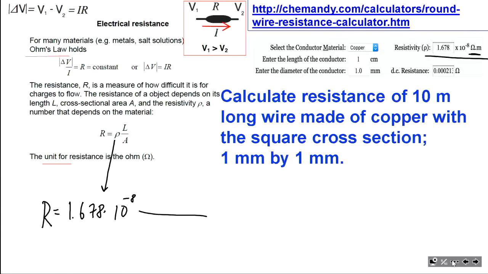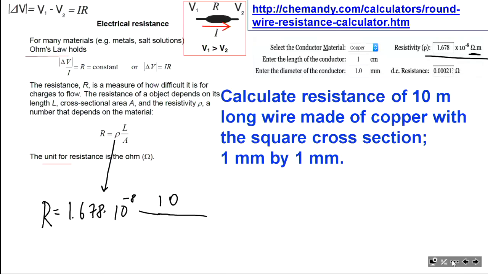Now, the length, 10 meters. And the second relatively tricky part is calculating the area. But in this situation, for the sake of clarity, the wire is not round. For a circular wire, area equals pi r squared.